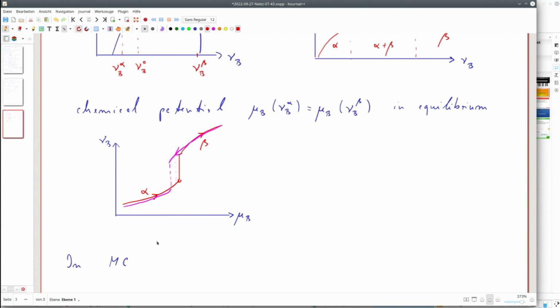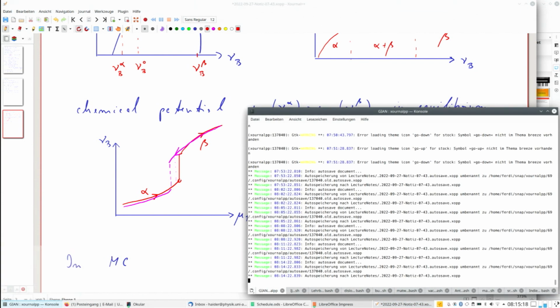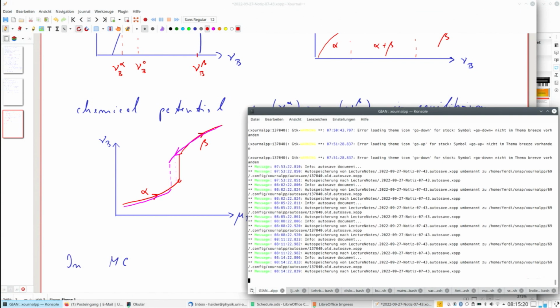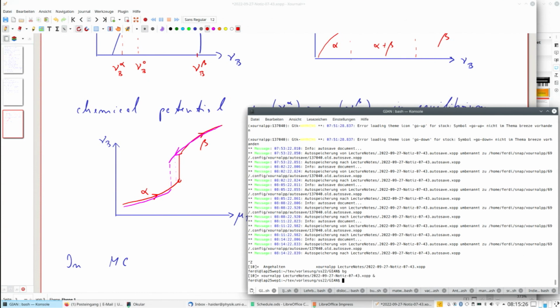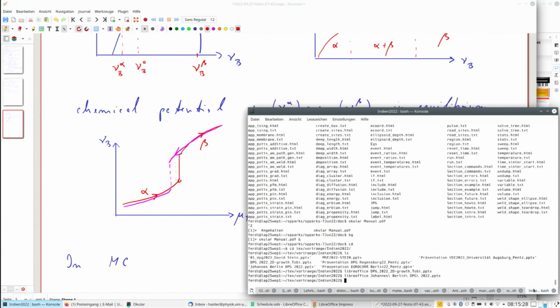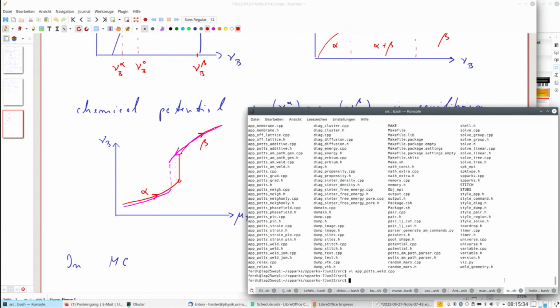Yes, no, yeah, because I'm not sure. I can check. Perhaps I have my... But I think we tried it. This simple 2D program, yeah. Where do I have it? Code that did have one GCMC. But I think it did not run.